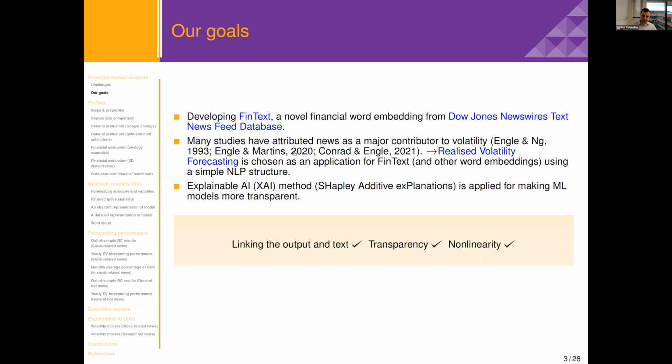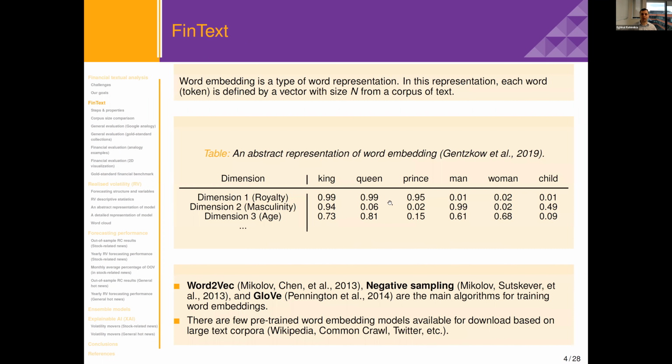After that, as a case, we are incorporating this word embedding inside of simple neural network machine learning models for volatility forecasting. And most importantly, we are applying explainable AI to understand how it's actually working and detecting the important context for realized volatility forecasting in the textual data.